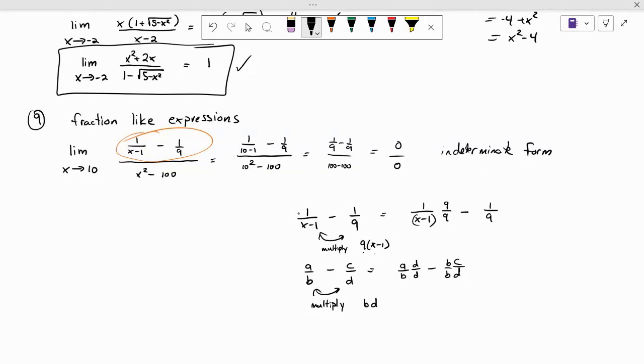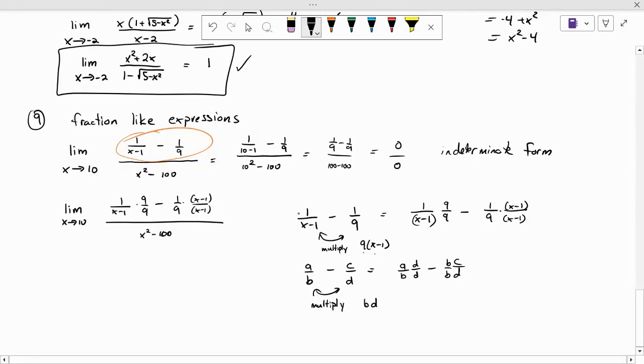And for the second fraction, we're missing the x minus 1 factor, so multiply the top and bottom by x minus 1. Notice I'm just not thinking about the x squared minus 100 yet. I'm just worried about cleaning up the fractions.